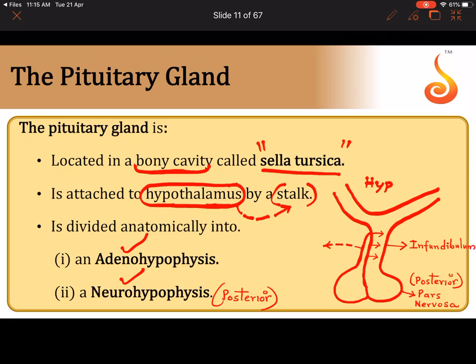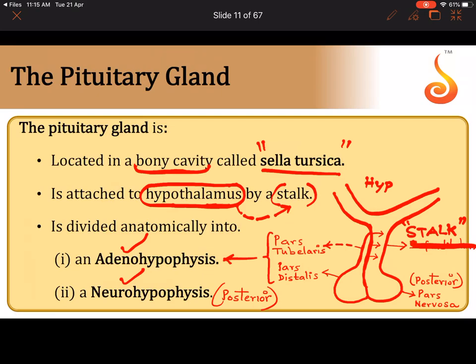That stalk is wrapped around by this tubular portion of the anterior pituitary. The tubular portion is called pars tuberalis, and the bulged portion is called the pars distalis. So pars tuberalis and pars distalis are the two parts of the adenohypophysis or anterior pituitary.